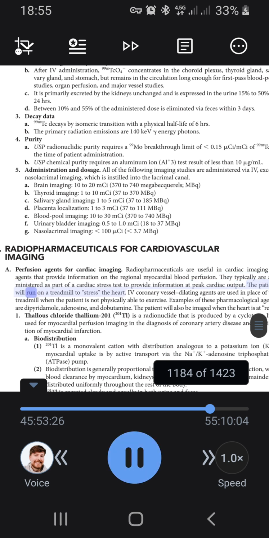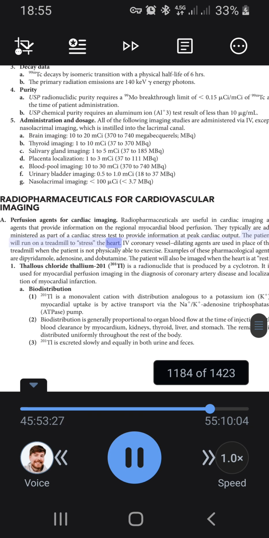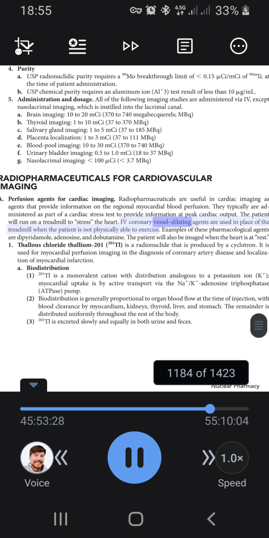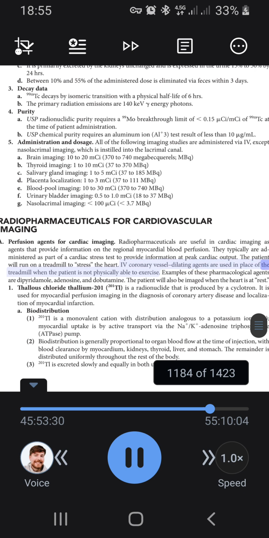The patient will run on a treadmill to stress the heart. IV coronary vessel dilating agents are used in place of the treadmill when the patient is not physically able to exercise. Examples of these pharmacological agents are dipyridamole, adenosine, and dobutamine. The patient will also be imaged when the heart is at rest.